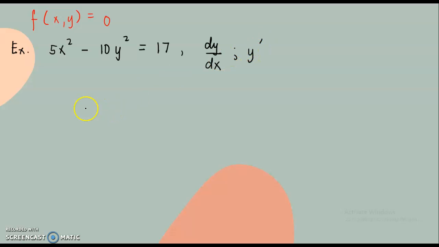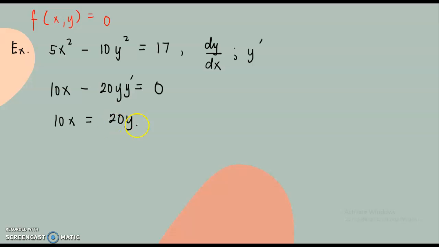Okay, therefore, we have 10x minus 2 times 10, which is 20y, y prime equal to 0. Therefore, we have 10x is equal to 20y y prime. Transpose the negative 20y y prime to the right side.